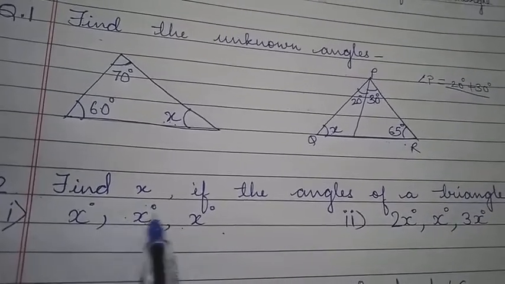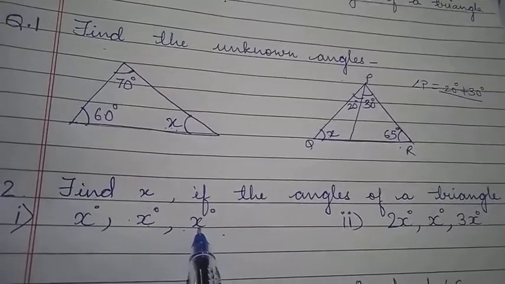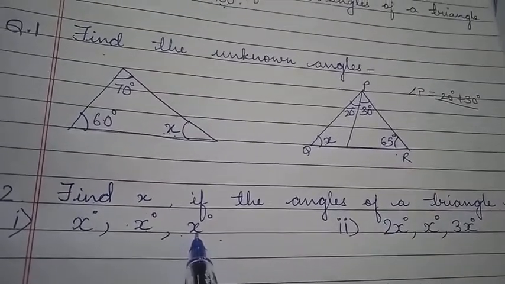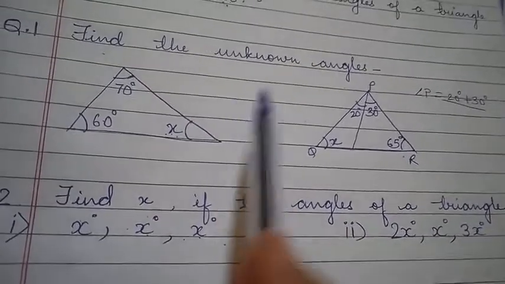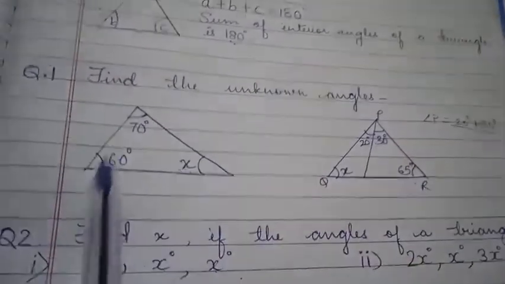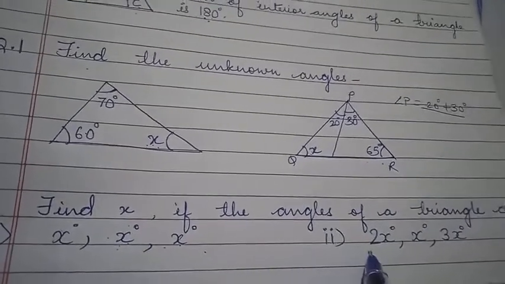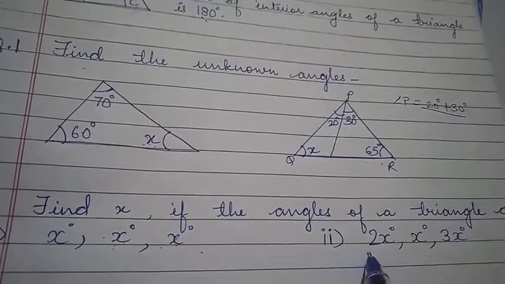So there are three angles of a triangle. When there are three angles of a triangle, what you should understand is that we have to use this property only. Sum of interior angles of a triangle is 180 degree. Okay. So here also same property. So please try to solve it.